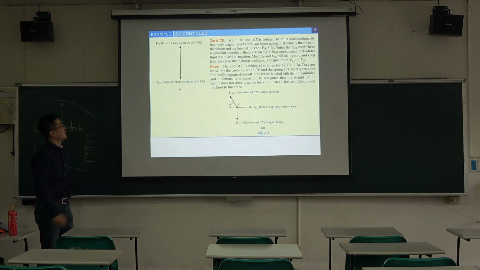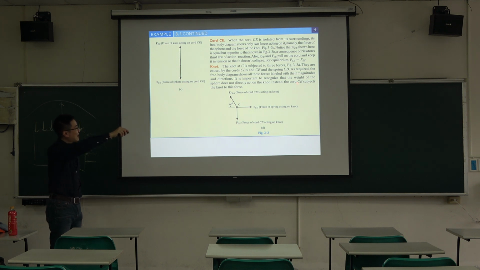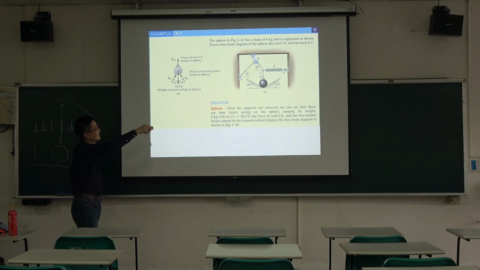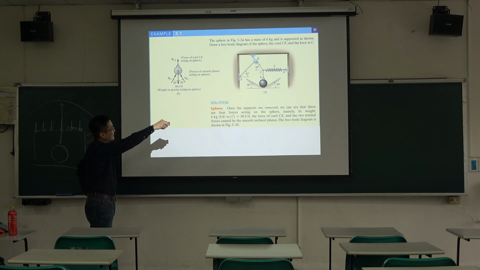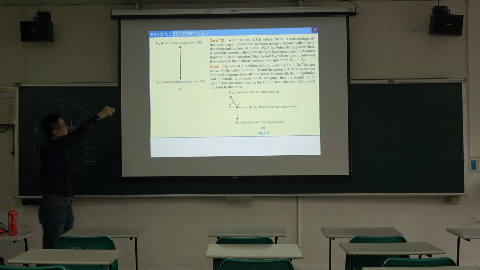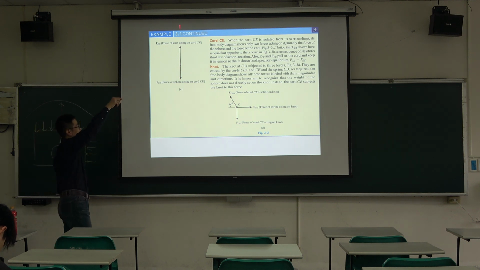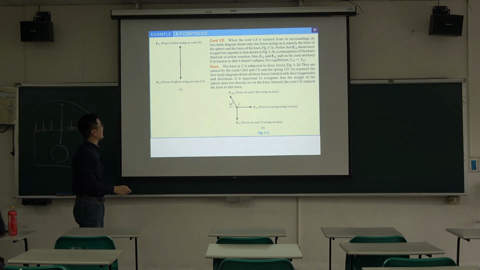Then for the free body diagram, we also need to analyze the cord CE, which is this one. CE only has tensile force, because it's straight. So only tensile force is acting on it.